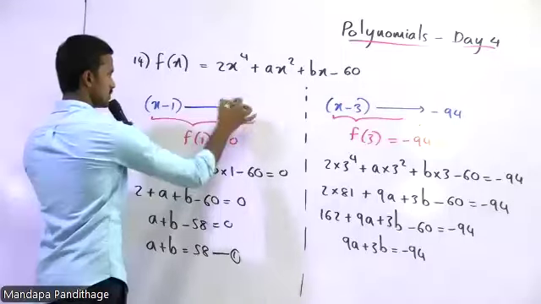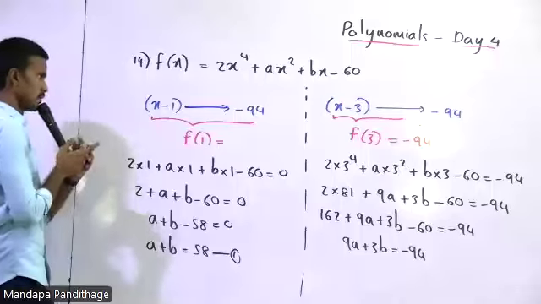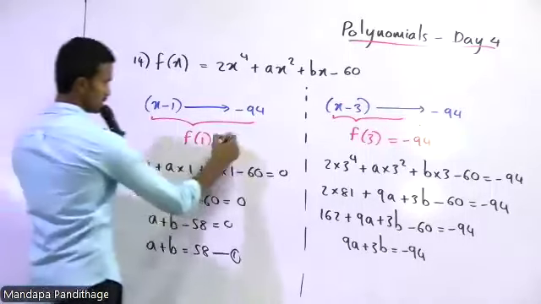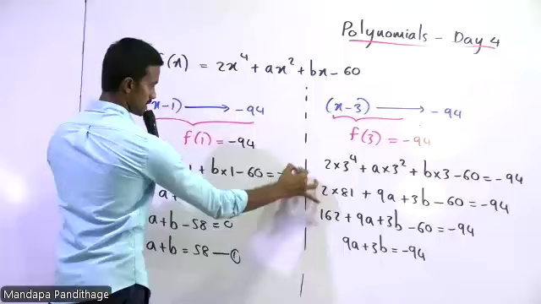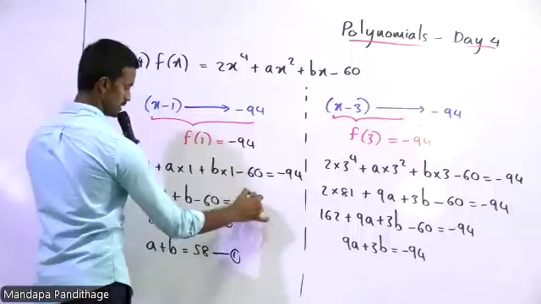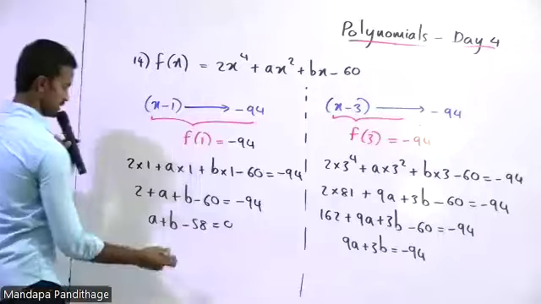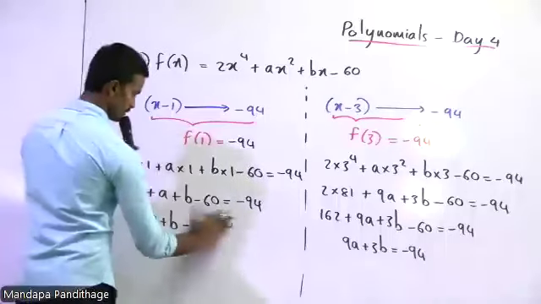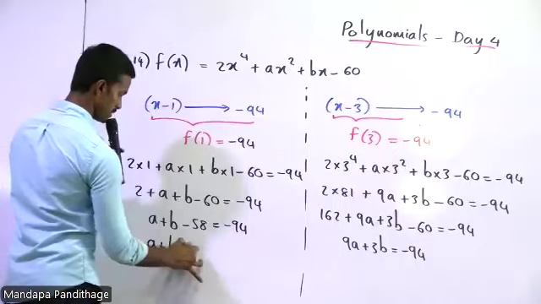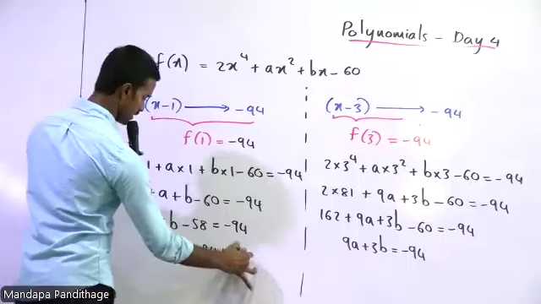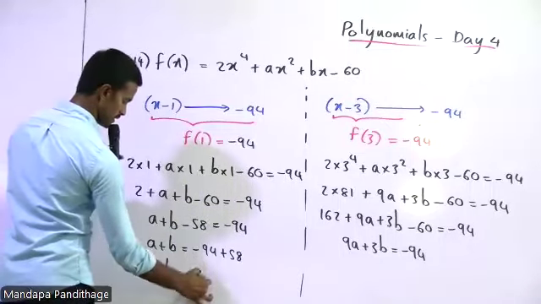That should be 0, which means f(1) is equal to minus 94. So when you put f(1), it's not 0, it's minus 94, which gives me a plus b equal to minus 94. When you take this to the opposite side, a plus b is equal to minus 94 plus 58, which gives you minus 36. Okay, a plus b is minus 36.